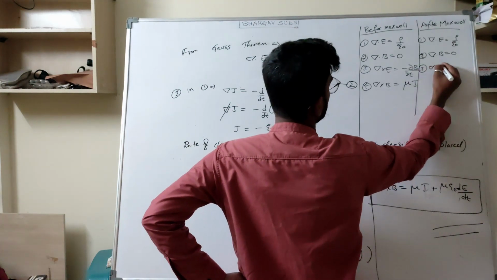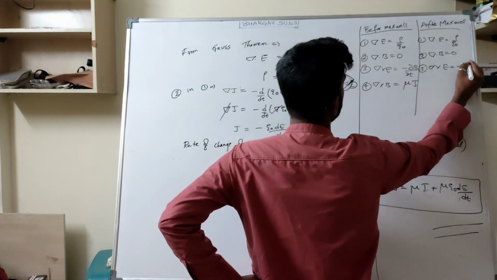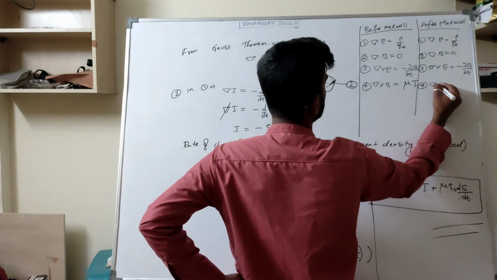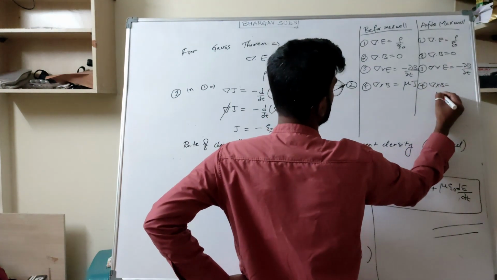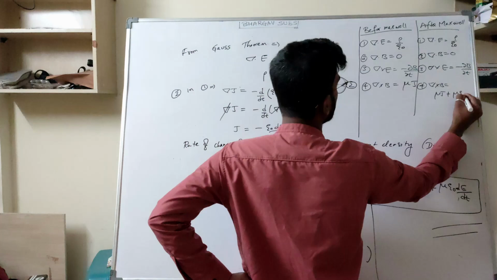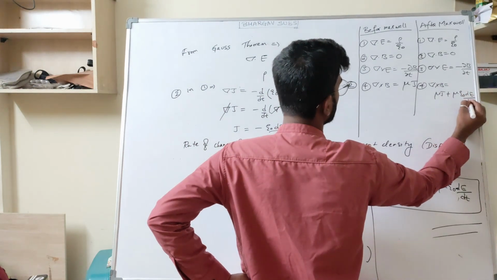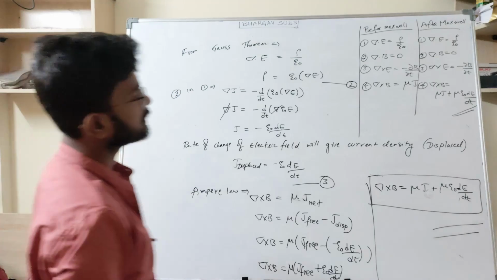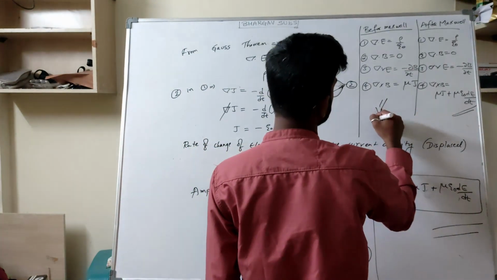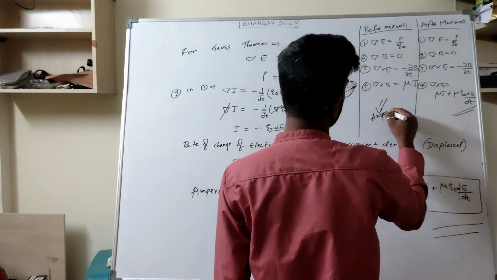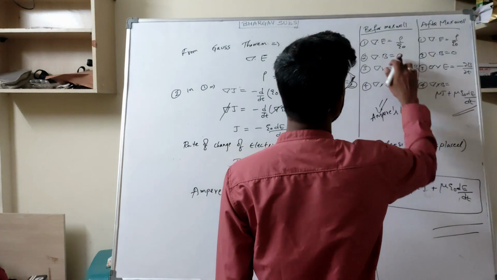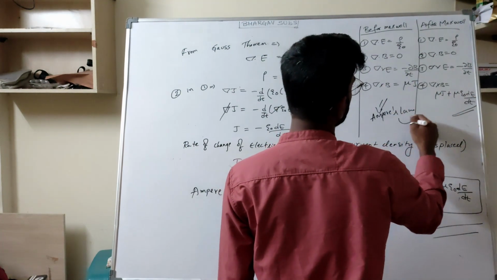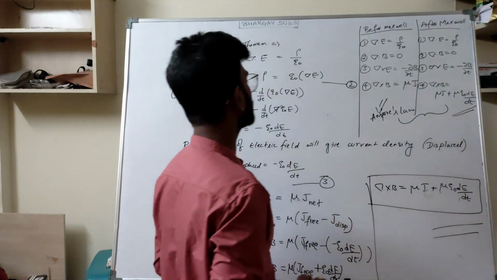Third one same, curl of E is equal to minus dB/dt. The fourth one changes: curl of B is equal to mu J plus mu epsilon naught dE by dt. This is Ampere's law, and the others are Gauss's laws. This was changed by Maxwell.